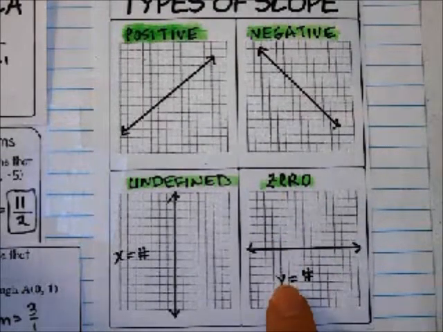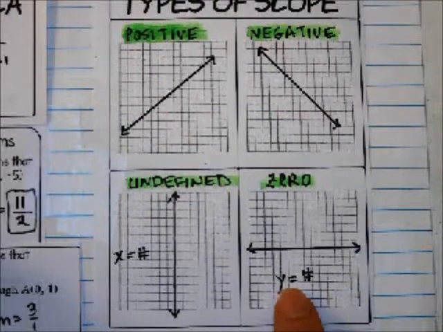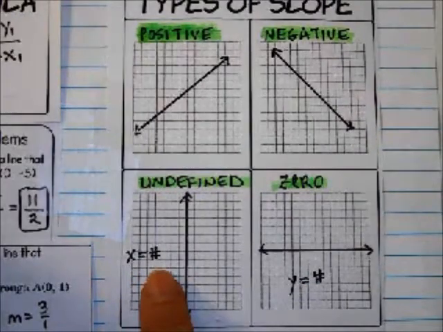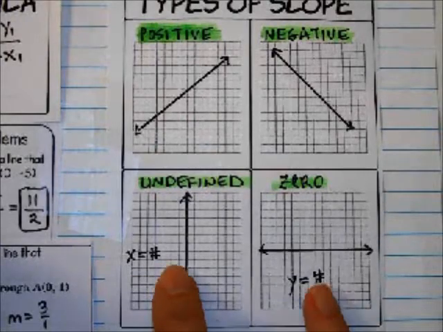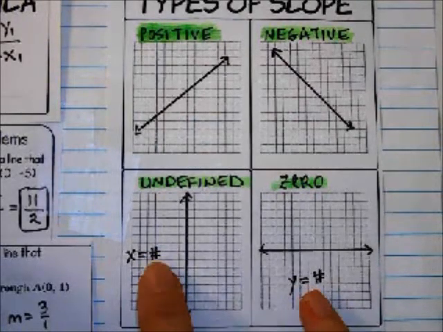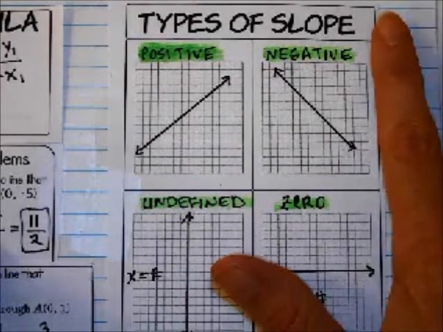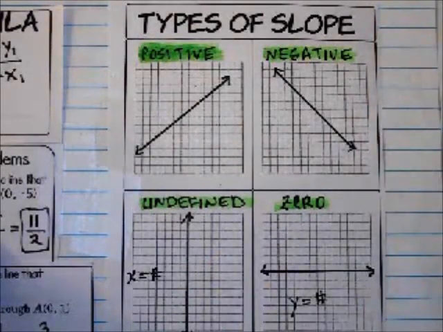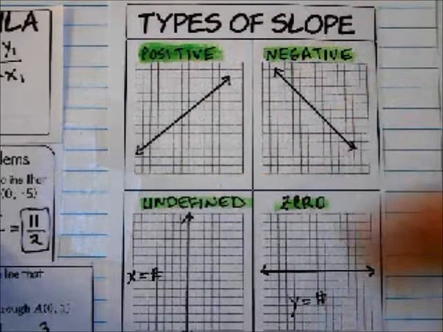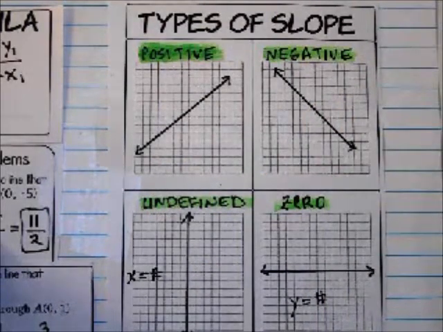I wrote down under here that these are y equals a number equations, and these are x equals a number equations, just to remind you what the equation looks like when you have those kinds of lines. Go ahead and tape that down right next to it, draw your different types of slope in there and fill in these little spaces. When you get done, start the video again.